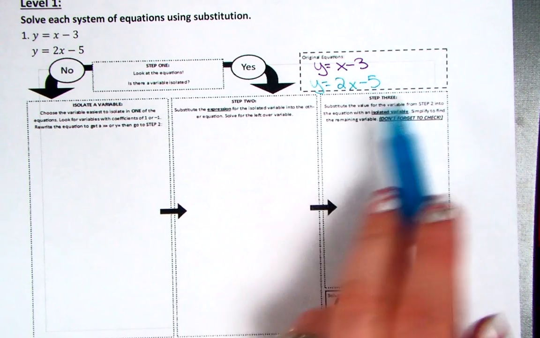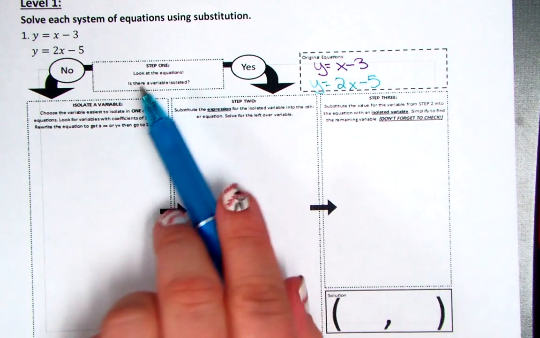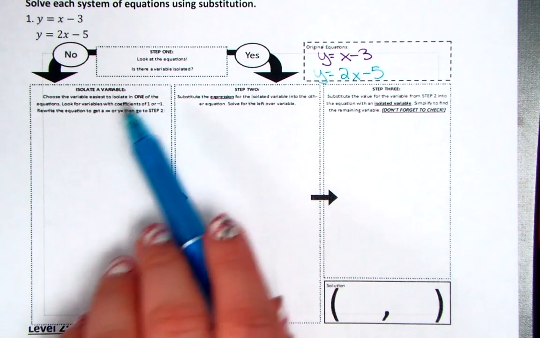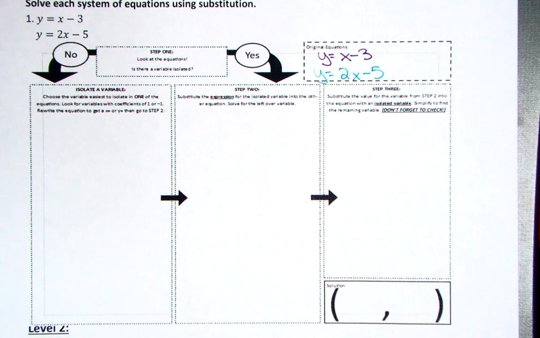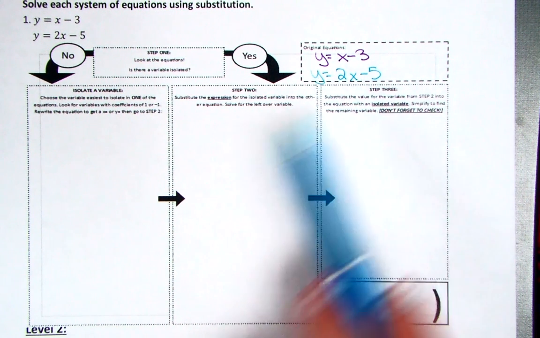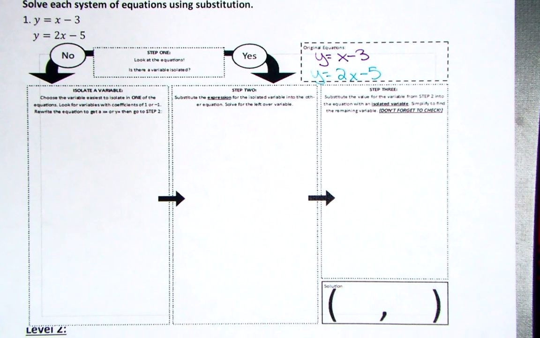So these are our original equations, and we ask ourselves a question. First, it's asking, is there already a variable that's isolated or by itself? And the answer is yes. Y in both equations is already by itself.